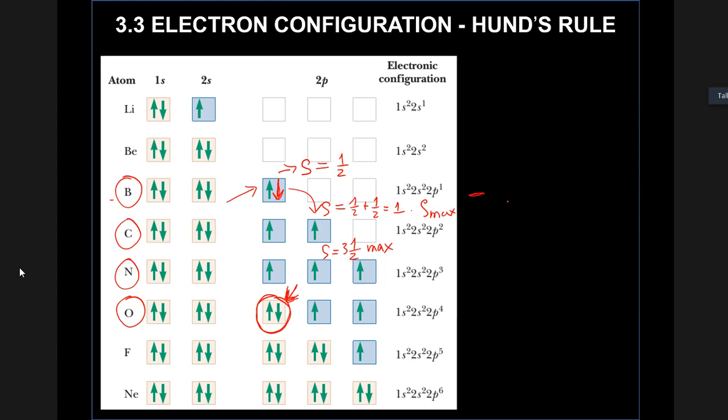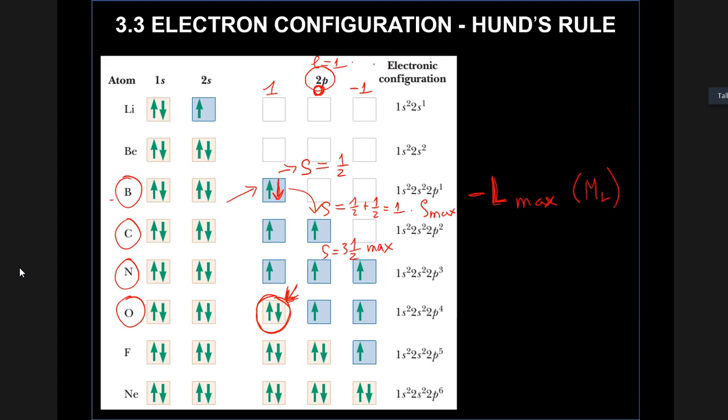is L, the quantum number L is maximum. In this case, I already said that it corresponds to ML. So L maximum. In this case, if you have 2p, L equal to 1. So you have ML here is 1, ML here is 0, and ML here is minus 1.